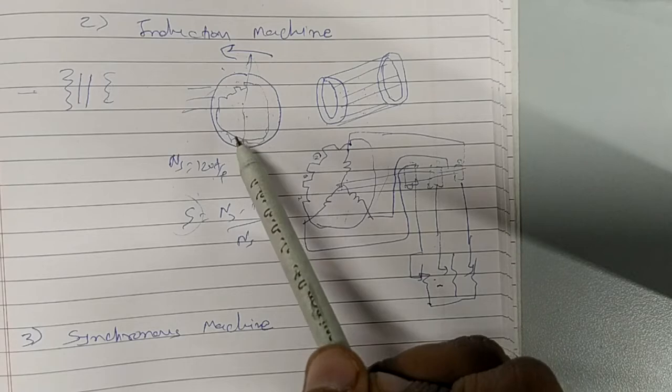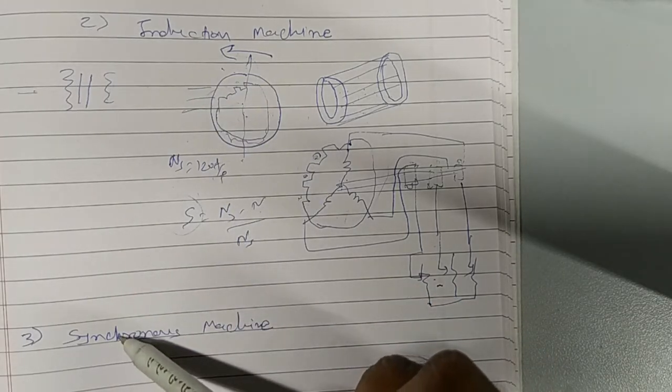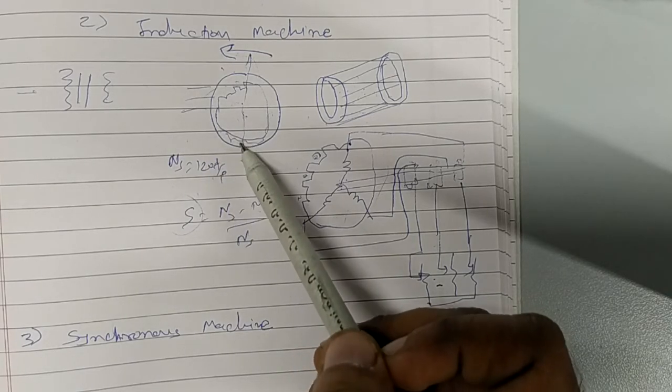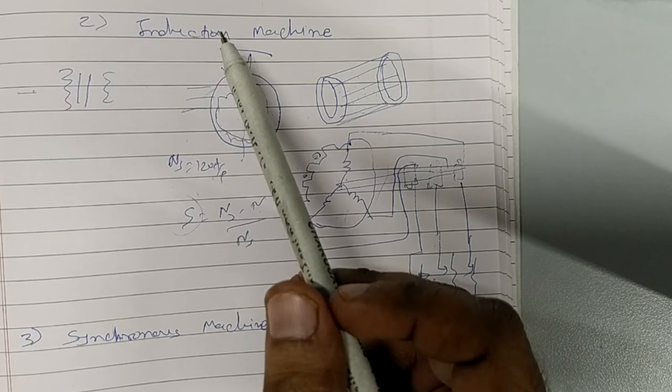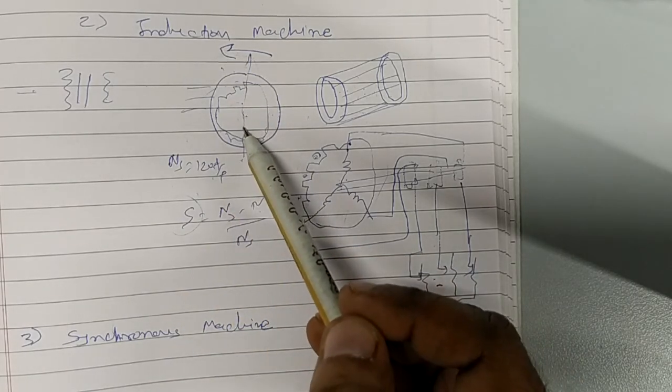So we need the rotating magnetic field in the induction motor and also in the synchronous motor, and it is produced by the stator itself. So the stator structure is the same in an induction motor and in a synchronous motor.